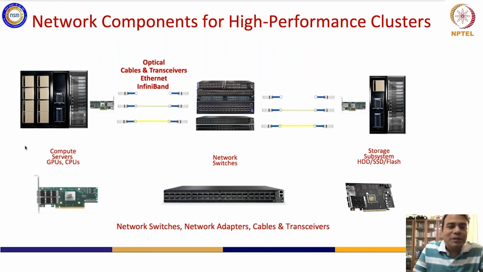When you look at the networking components for a high performance cluster, you break it down into 3 or 4 elements. Why do you need this networking? You need it because you have a large enough job which cannot fit into a single compute element. You need to distribute it amongst multiple compute elements, which you see on the left.